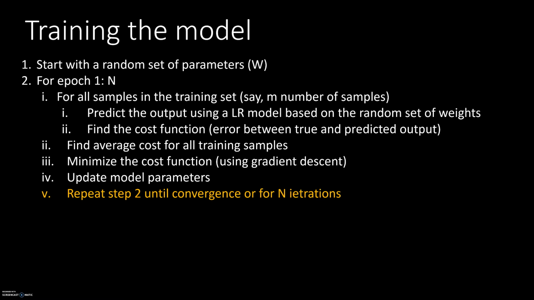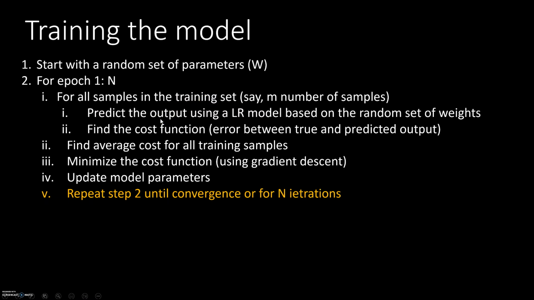Inside each iteration, we take this model, which is currently built using a random set of parameters, and we try to predict the output for all of the samples in the training set.